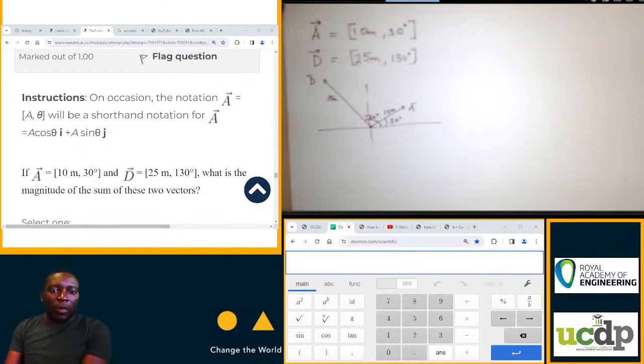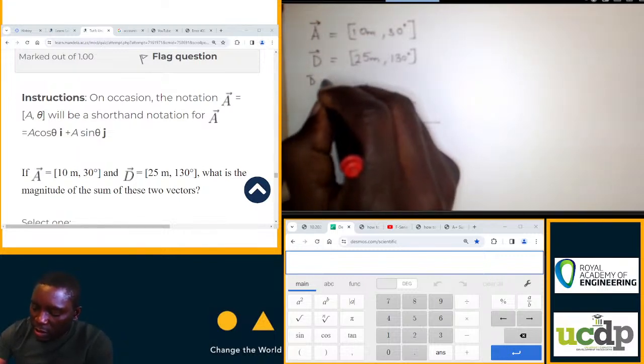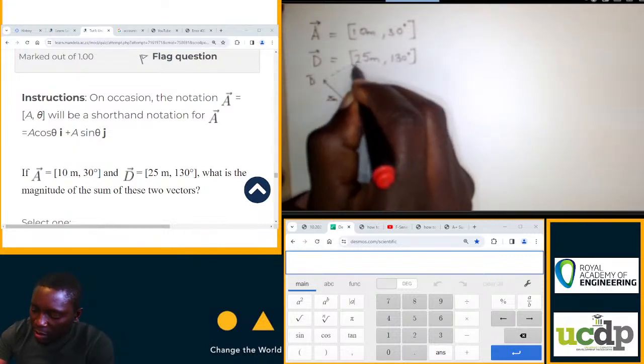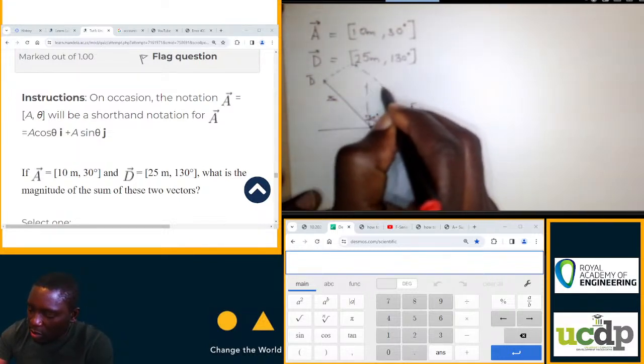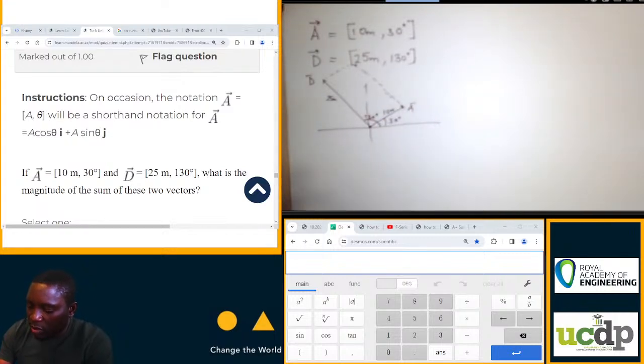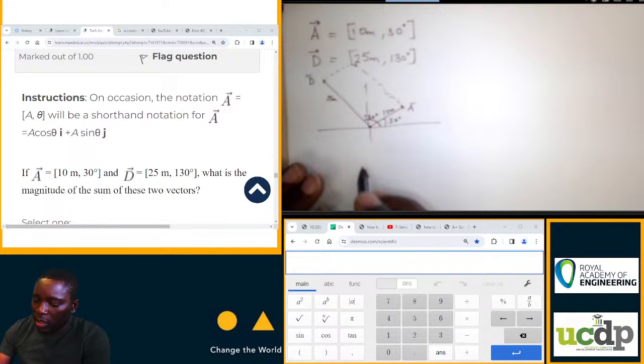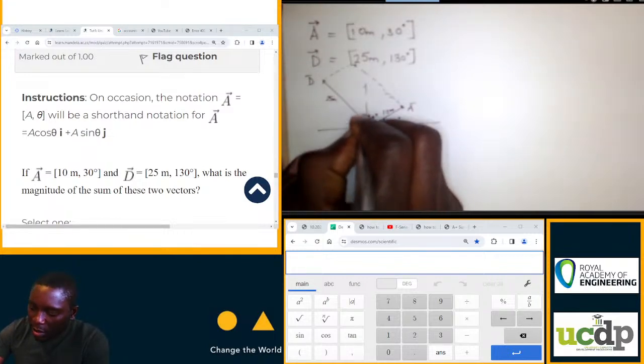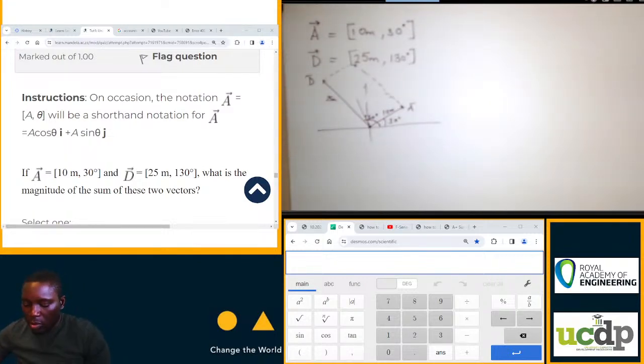Now, what is the magnitude of the sum of these two vectors? If we look at them graphically, so I'm just doing this, it's not really necessary if you understand what you're doing. You would just go straight to the working and you get your answer.